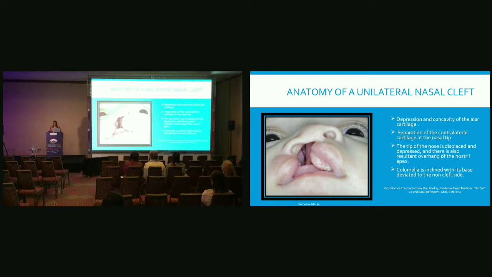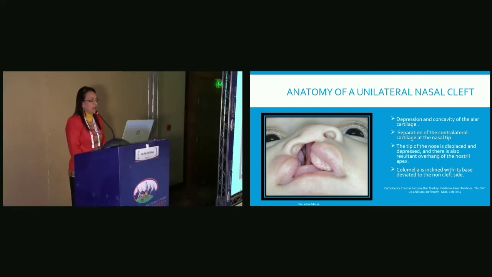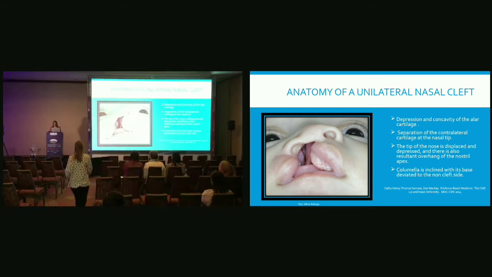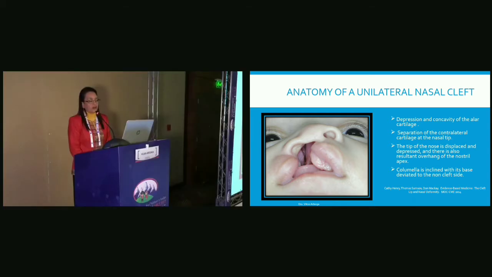The medial crura, which is the inner part of the lower alar cartilage and forms the columella, is also depressed, falling down, and it's separated from the medial crura of the contralateral side. And that makes the tip of the nose fallen, displaced, and there is also a resultant overhanging of the nostril apex. The columella is inclined with its base towards the non-cleft side.